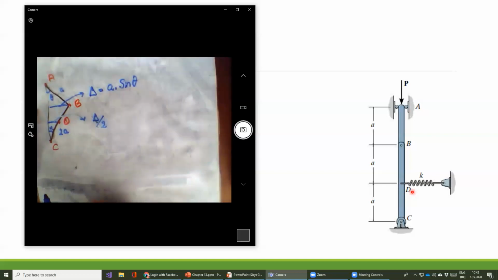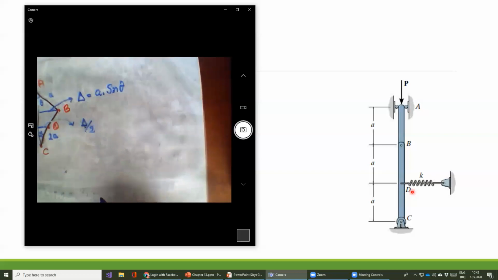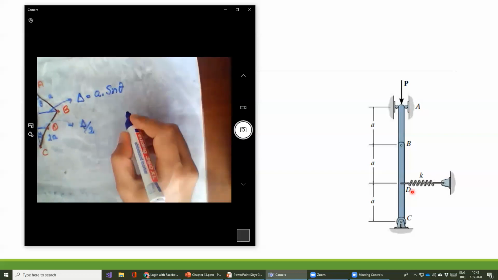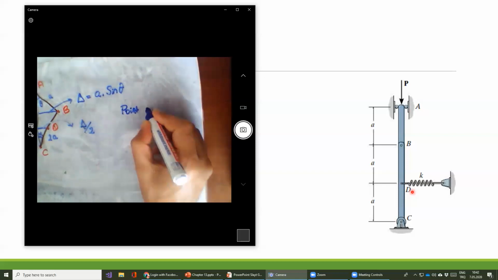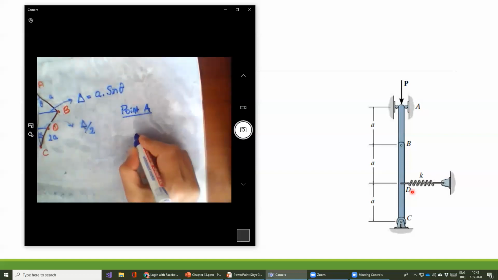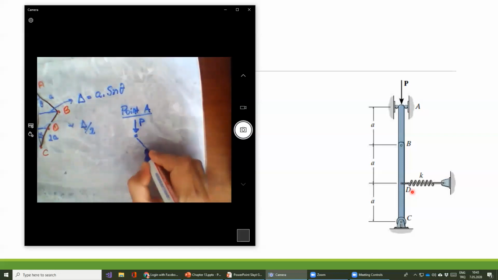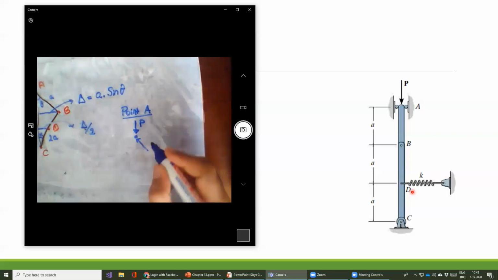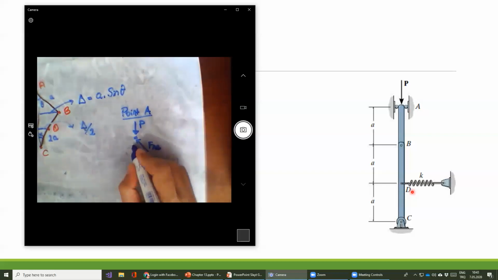Now I want to show the forces, calculate the forces. First of all, I want to start with point A. We have a vertical force P in here, and FAB.